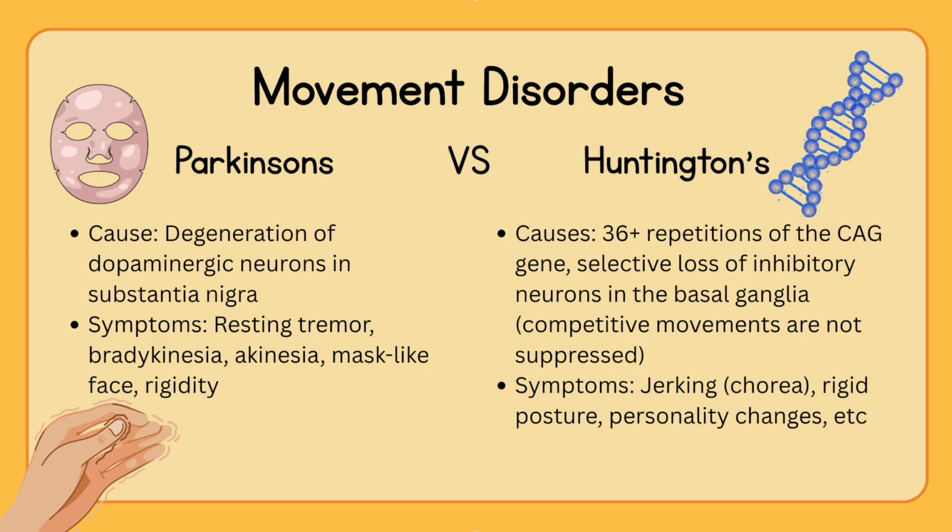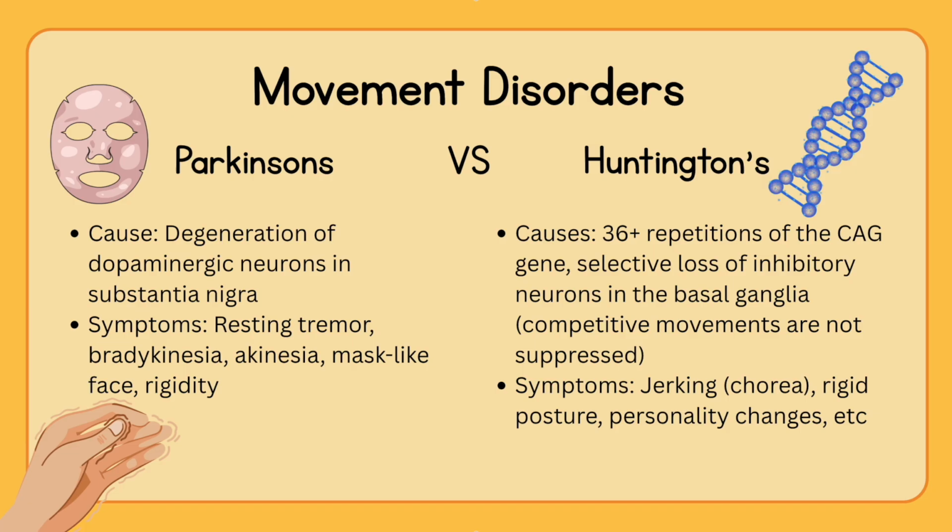Degeneration just means the death and weakening of these neurons, and dopaminergic neurons are neurons that produce the neurotransmitter dopamine. The substantia nigra is a dark pigmented area within the basal ganglia. If you can remember, we just talked about how the basal ganglia deals with fine-tuning movement.